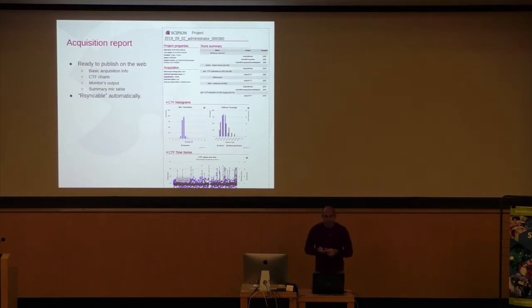Yeah. And it provides some kind of summary at the top, some CTF charts, so you get some histograms of the resolution and the defocus. We added recently the CTF time series, so you can see how the resolution, phase shift, or defocus changes over time.